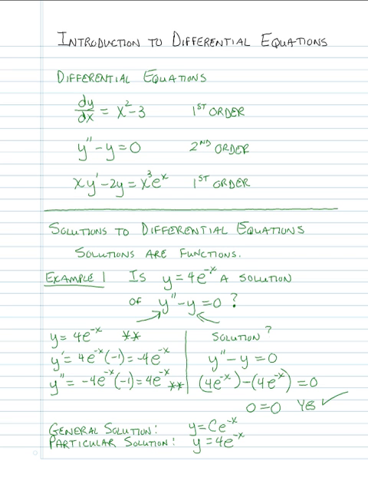And so we call that a general solution, because any replacement for the constant c is an additional solution. Let's pause here as I turn the page, and then we'll continue with some more information.